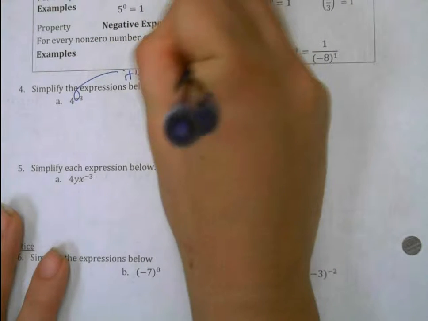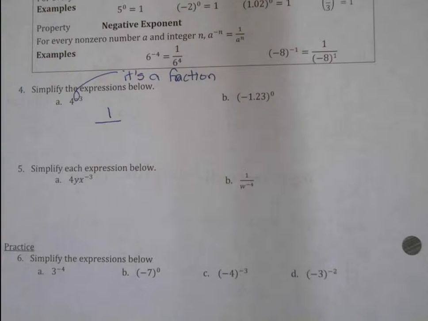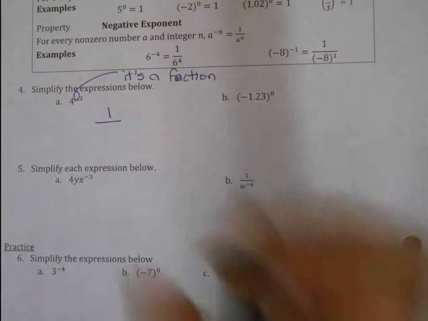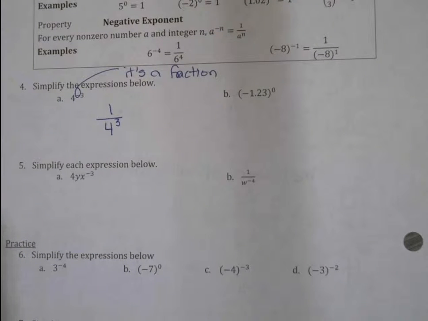Okay. So then, how do I know what number goes underneath? What I can do is, first I can just think about it as 4 cubed. So I'm just going to write it like that for now. Okay, what's 4 cubed?